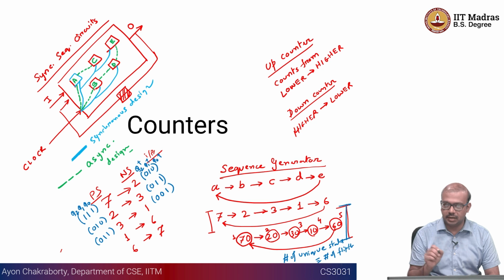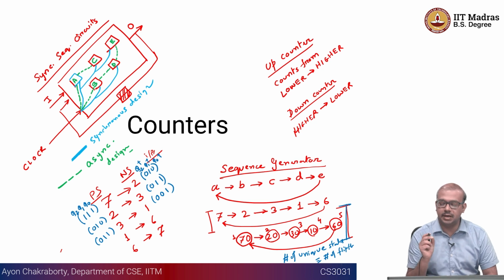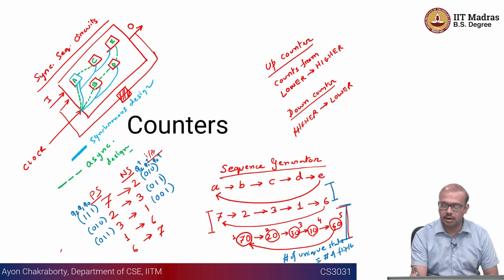Sometimes a sequence might be given, and your state encoding might not be the sequence themselves. Okay, but if it is, you are free to do that, right? So this is a small distinction I wanted to make, and if it is not clear, you can ask in the live sessions. That will make your confusion cleared out, right?